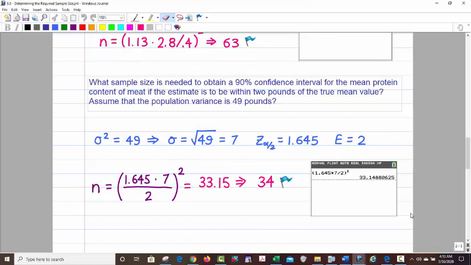So that was a little tricky, knowing to take that square root, but just watch for words like that, variance, not standard deviation. So it's 1.645 times 7 divided by 2, squared, 33.15. We round that up to 34.